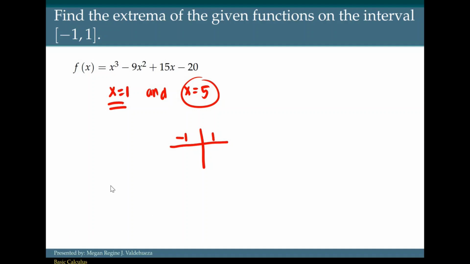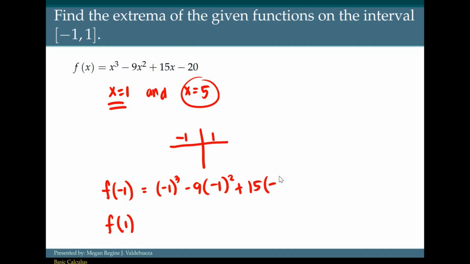So, we evaluate the function when x is equal to -1 and when x is equal to 1. So, we have -1 cubed minus 9 times -1 squared plus 15 times -1 minus 20.